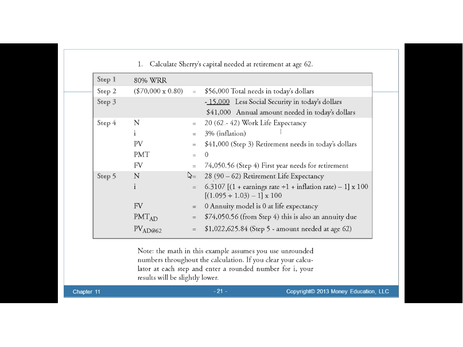So I've got to decrease the rate in order to account for this. $74,000 is going to increase by 3% at age 62, by another 3% at age 63, by another 3% at age 64, and so forth. I need to account for that, so I use an inflation-adjusted rate of return, which is about 6.3%.